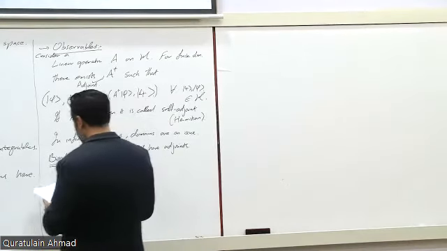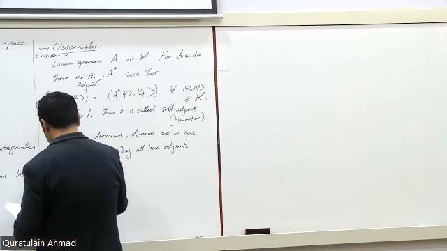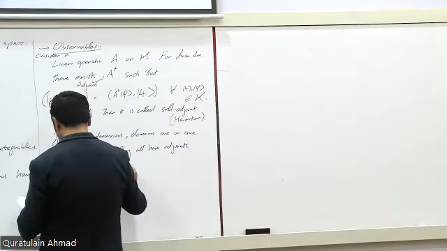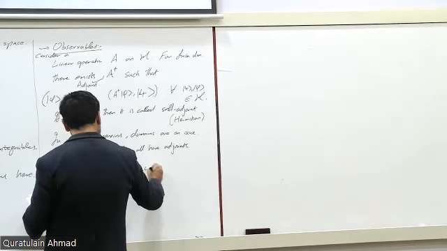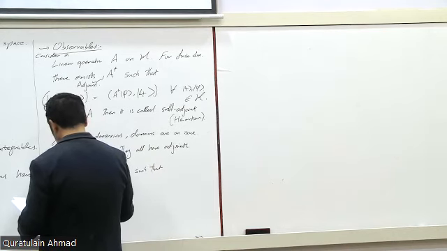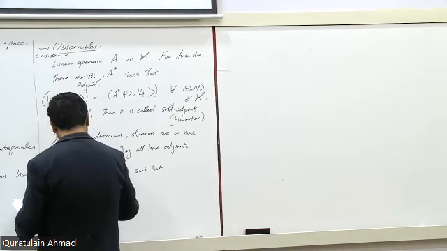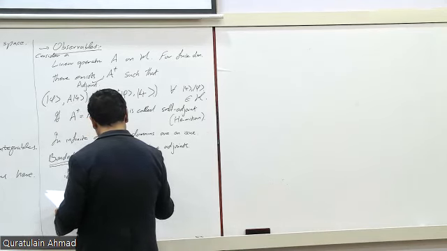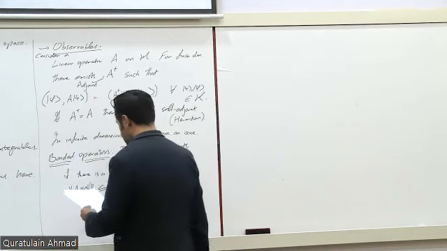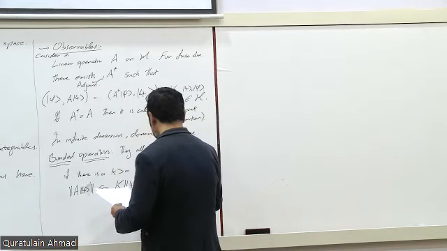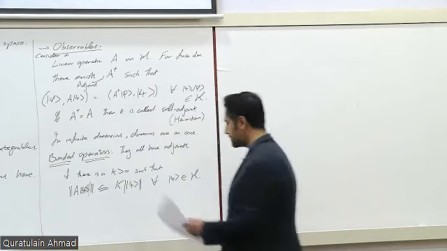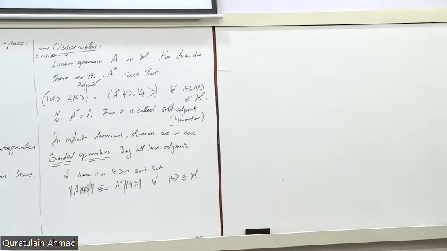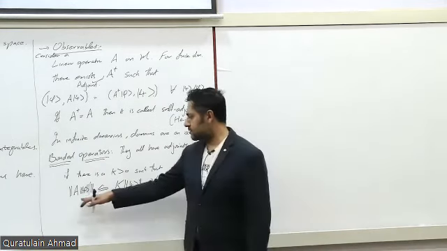So an operator is bounded if there is a K. So you have a kind of an upper limit on where it can take you.